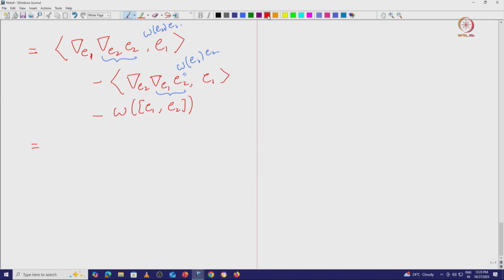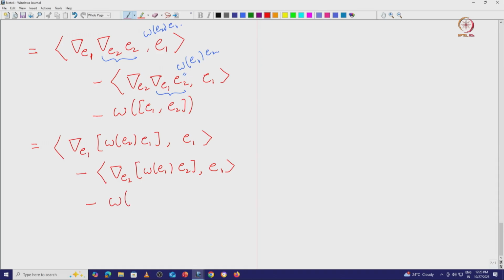Okay. So let me make those replacements. So you have this applied to omega of E2 E1 inner product with E1 minus this applied to omega E1 of E2 E1 and then of course the final term.